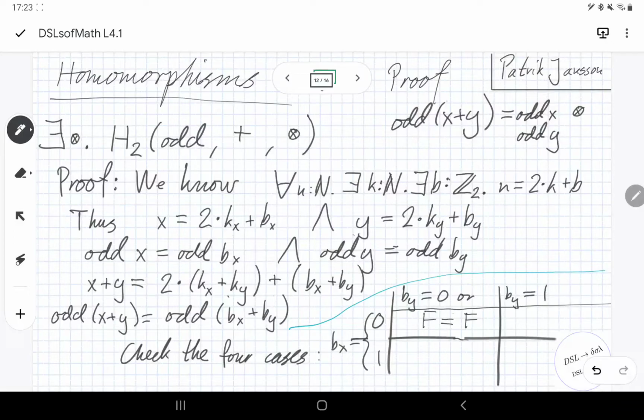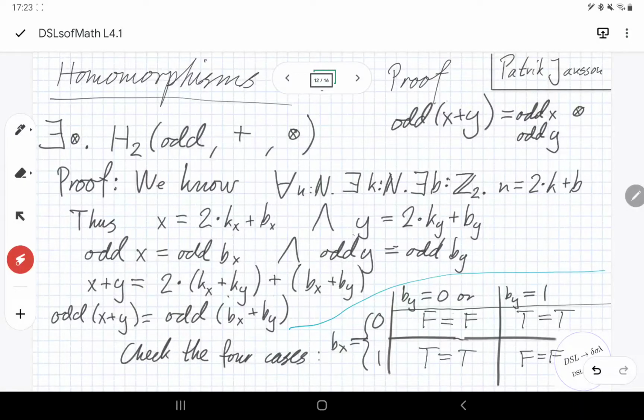So if one of them is odd, then we actually get true equals true. Here we also can check that it's true equals true. And then in the final case, both bits are 1. So 1 plus 1 is 2, but that is also not odd. So we get false equals false.